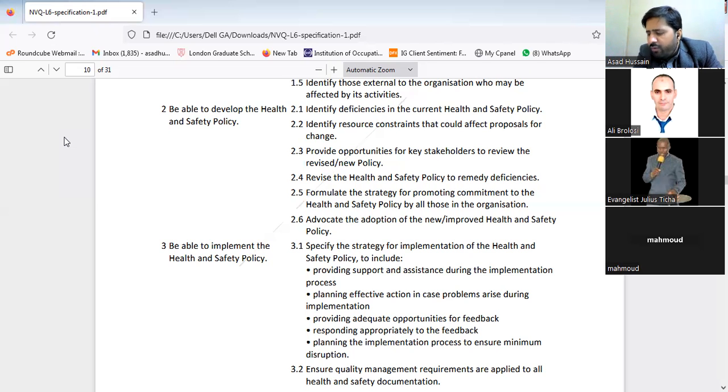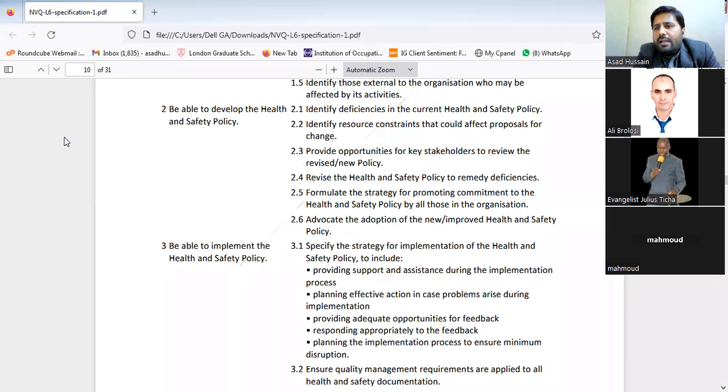Okay. Now moving forward, 2.5, formulate the strategy for promoting commitment to the health and safety policy by all those in the organization. So it is just showing how you can make sure that everyone in the organization is committed to the changes you have made for this health and safety policy.